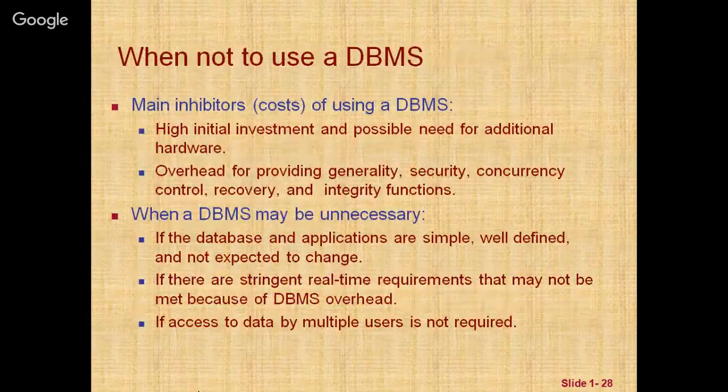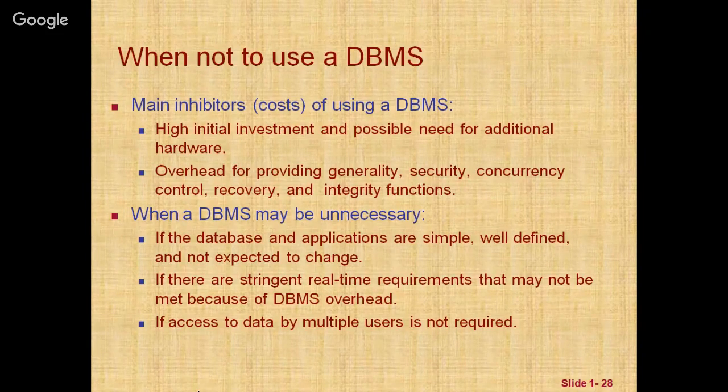Now, when not to use a DBMS? In spite of the advantages of using a DBMS, there are a few situations in which a DBMS may involve unnecessary overhead costs that would not be incurred in traditional file processing.